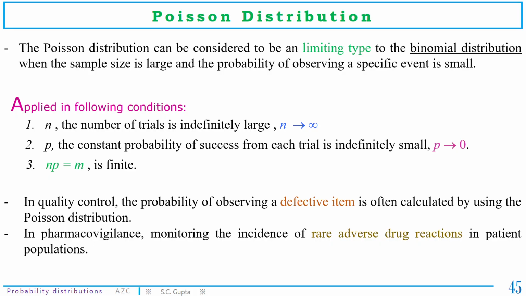In quality control, the probability of observing a defective item is often calculated by using the Poisson distribution. In pharmacovigilance, it is used for monitoring the incidence of rare adverse drug reactions in patient populations.